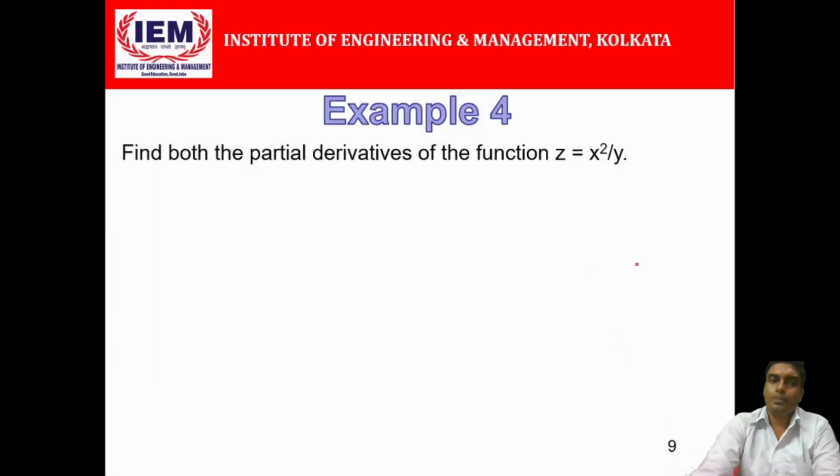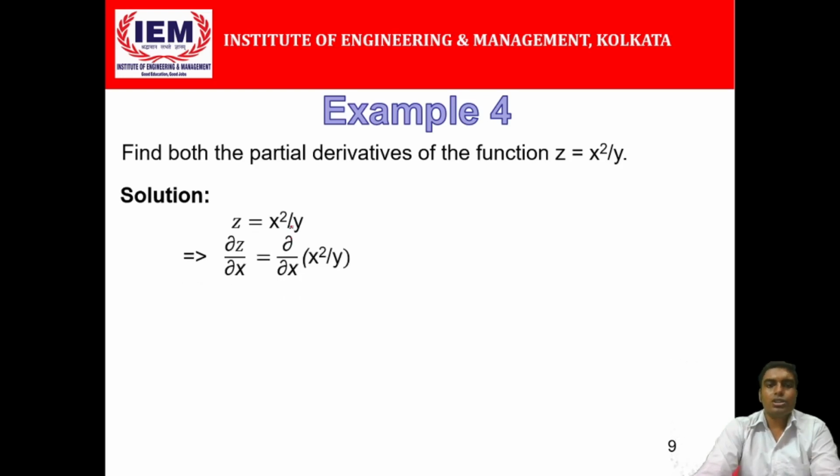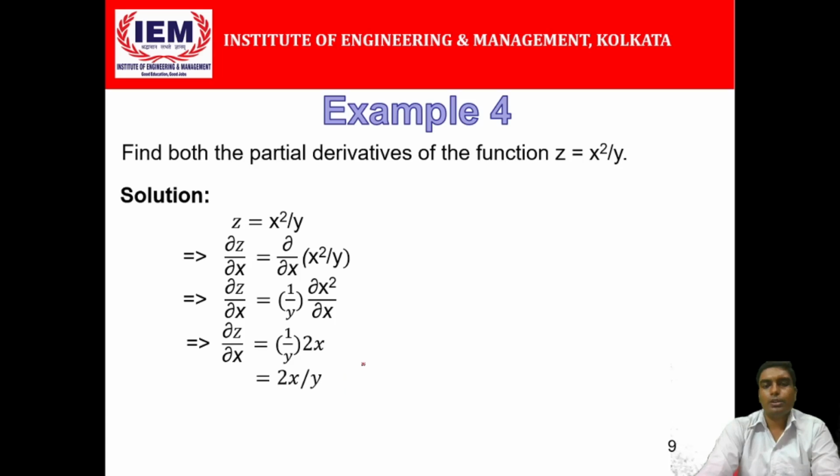Now the fourth example. Suppose you have the function x square by y square. First we differentiate this function with respect to x, then y is constant. So I can take out the 1 by y square outside of the differentiation, and del x square del x is 2x, so the result is 2x by y square.